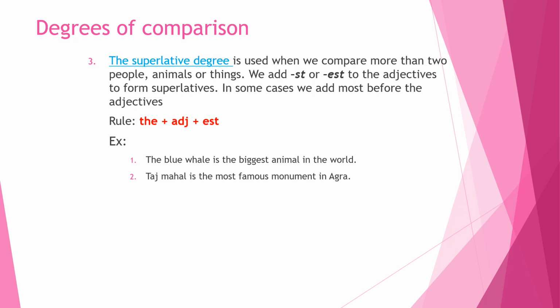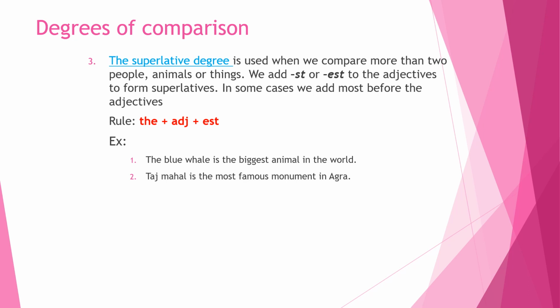We are comparing more than two animals, that is, the blue whale and many animals. The rule is the plus adjective plus est. What is the adjective in this sentence? Big. The sentence is, the blue whale is the biggest animal in the world.